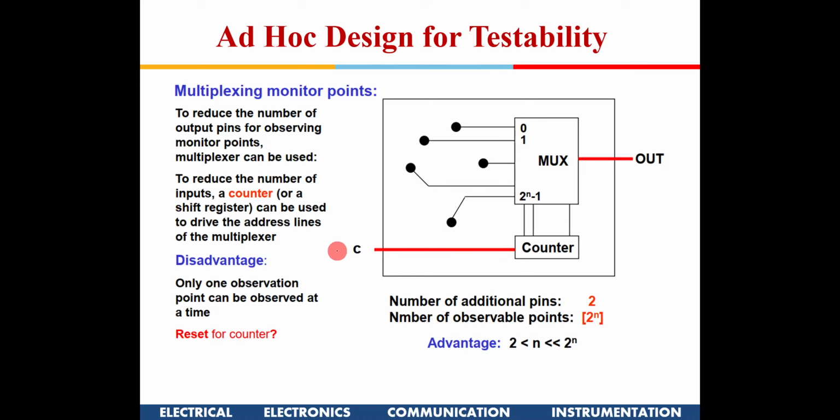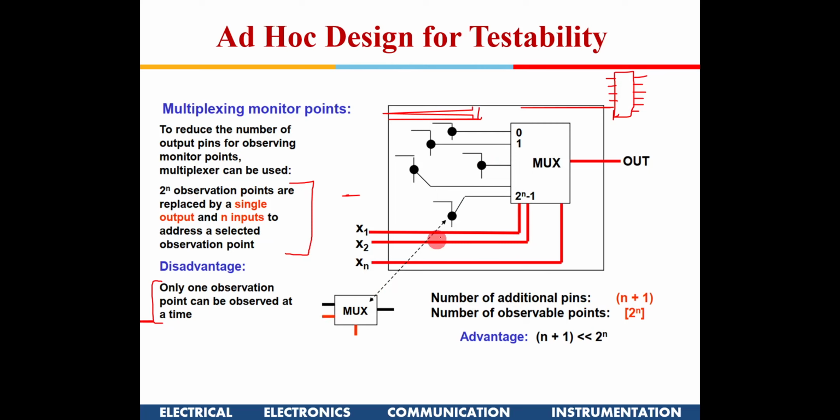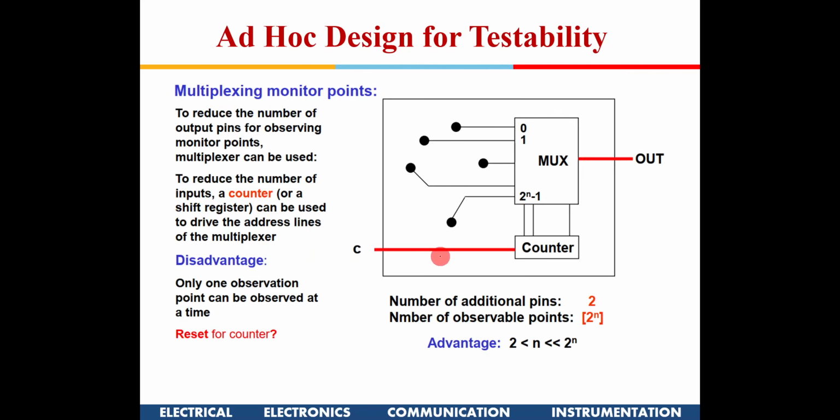Right, and then instead, if there are 16 signals which need to be observed, a MUX will require 4 lines, right? So log 2 of whatever number is here, that many lines are required. Instead of that, we could have a counter itself. Suppose we initiate this counter and let it run at a specified frequency.